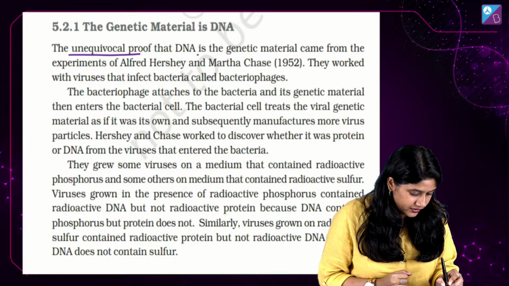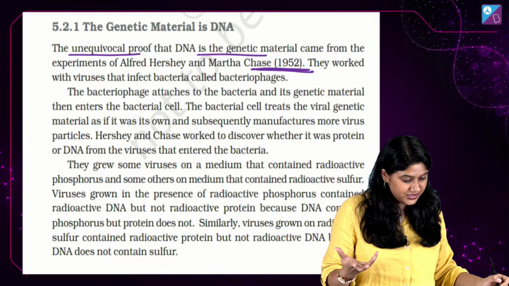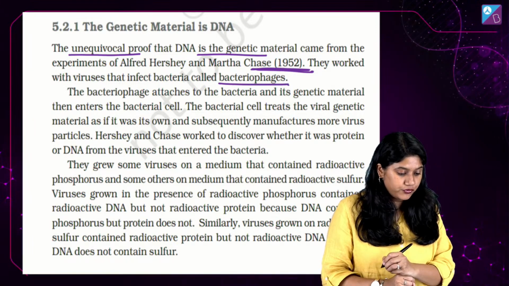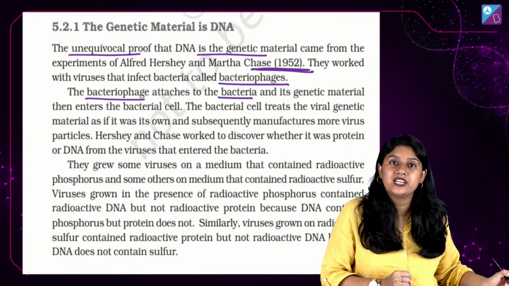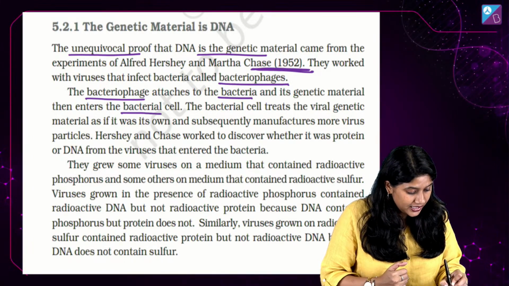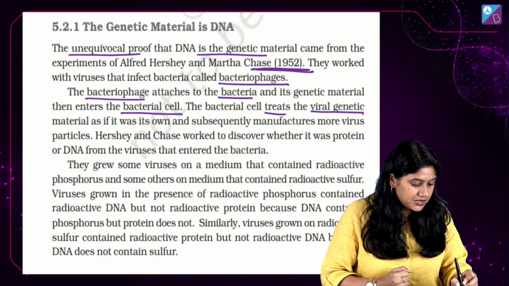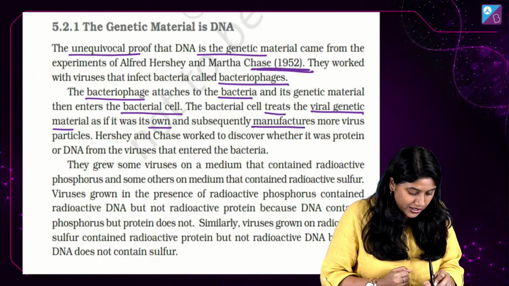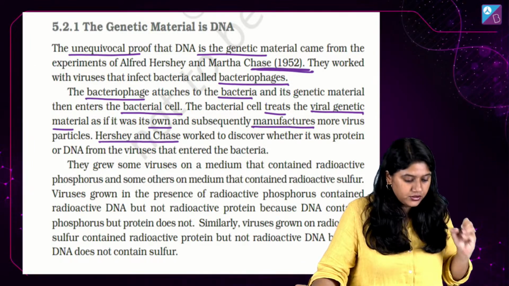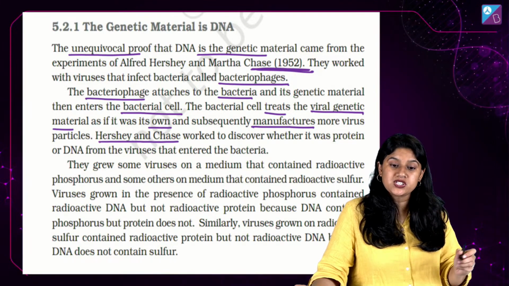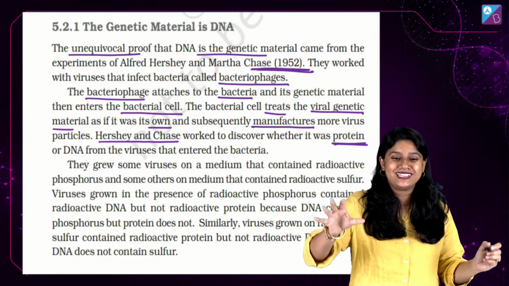See over here. 1952 में this experiment came, right? And of course they did this experiment. We have the bacteriophages. The bacteriophage will attach to the bacteria and its genetic material will enter into the bacterial cell. This bacterial cell treats the viral genetic material as its own and manufactures more viruses. So these two scientists worked on this, right? They had to pick one amongst the protein or the DNA.